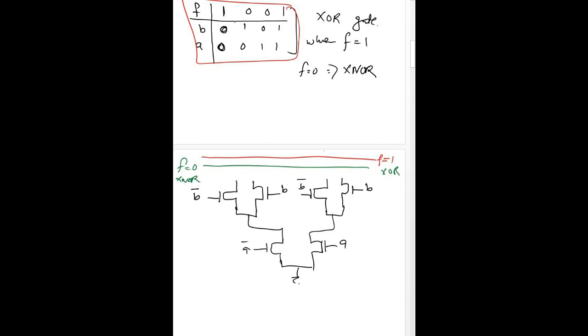By looking at this table, if we look at the first line first, we have A is equal to 0 and B is equal to 0. That means A is the inverted input and B is the inverted input, and this is connected to our F1 here. So we have to connect this first line to F1. Then we have 0 and 1. A is 0, B is 1, that is connected to 0.